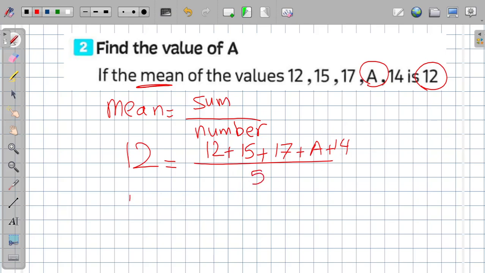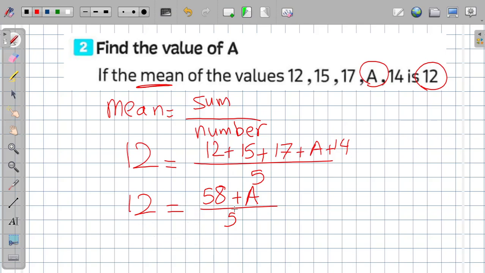So this is 12, and the sum of all these numbers, I have 12 plus 15 equals 27, and 27 plus 17 equals 44, and 44 plus 14 equals 58. So I have 58 plus a divided by 5 is equal to 12.